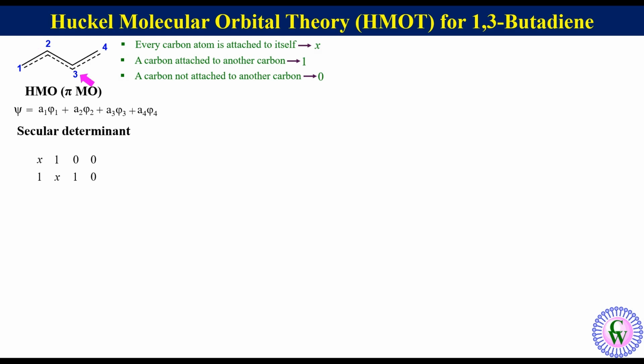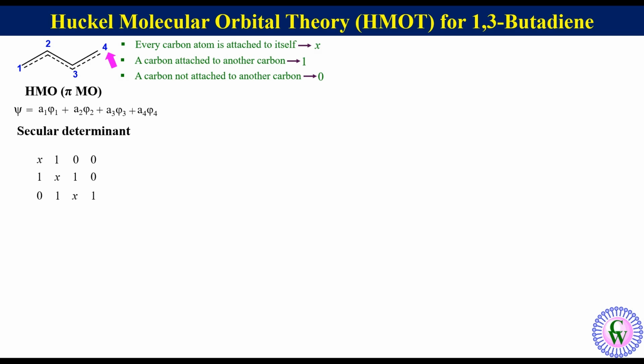If we consider C3, C3 is not attached to C1, so put 0 here. C3 is attached to C2, so put 1 here. C3 is attached to itself, so put X here. And C3 is also attached to C4, so put 1 here.